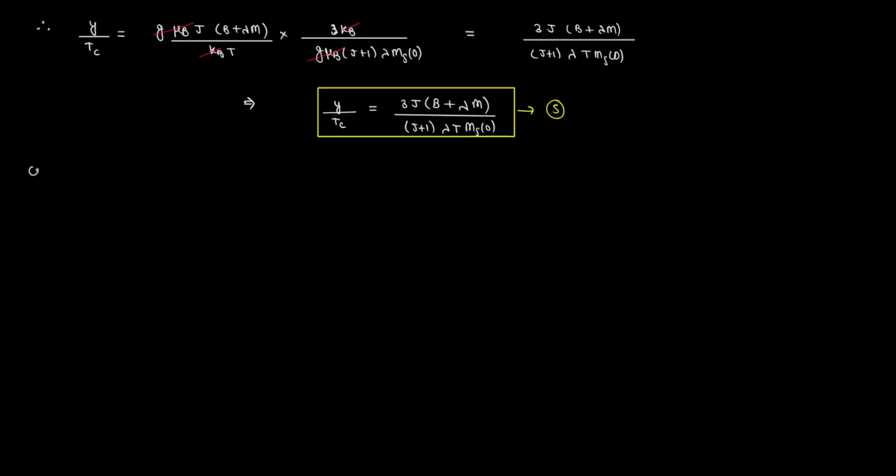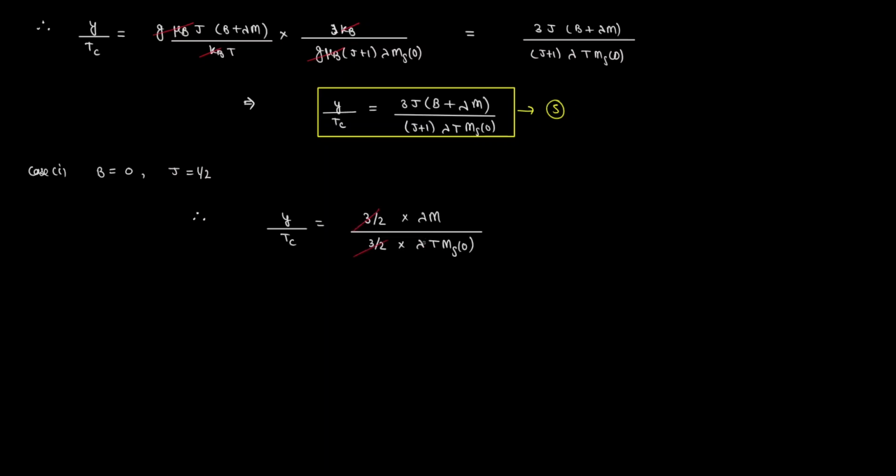Now assume the case when there is no external field, which corresponds to the spontaneous magnetization state, and let us consider the value of J as half. Then y divided by Tc will be equal to 3/2 times lambda M divided by 3/2 times lambda times T times the saturation magnetization.